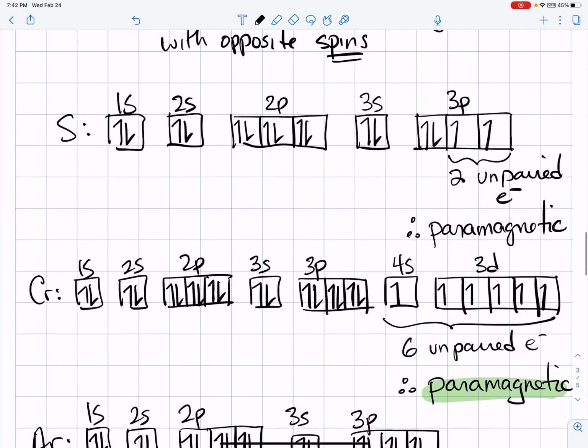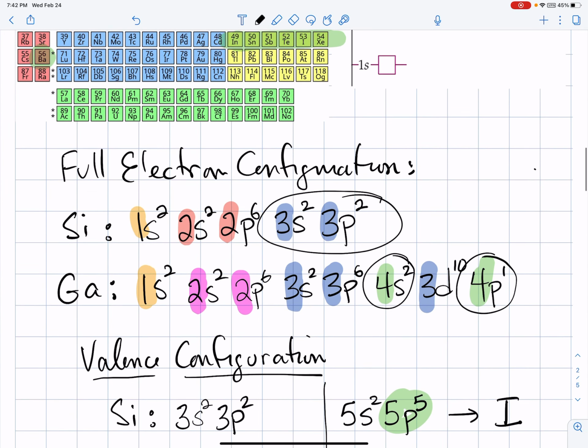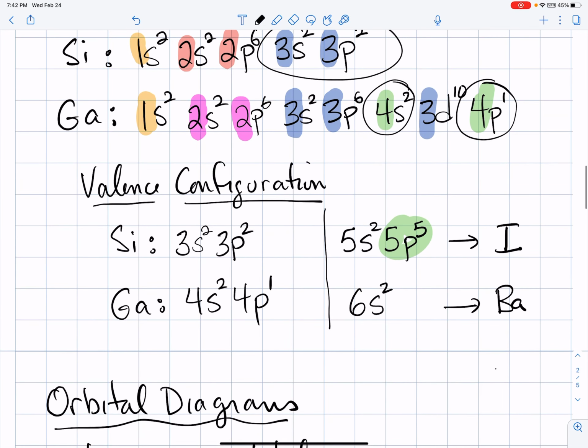All right, so you can now draw full electron configurations for elements. You can draw noble gas abbreviated configurations where you start with the last noble gas, you put its symbol in brackets, and then you add on the new things after that. You can do a valence configuration, which is the electron configuration, but only the highest energy level part, the valence level.